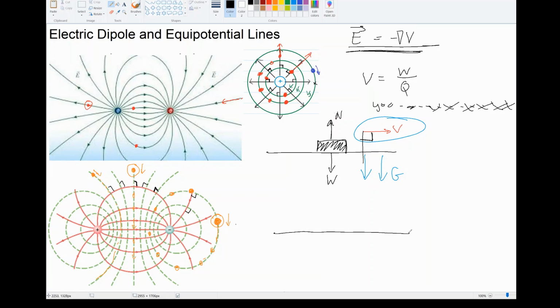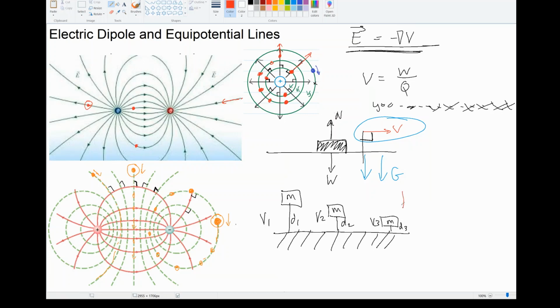This would be like, in the gravitational field, having a mass like this. Okay, here's V1. Here's V2, right? These are distances. Distance 1, distance 2, distance 3. I guess you don't use V in gravitational field.